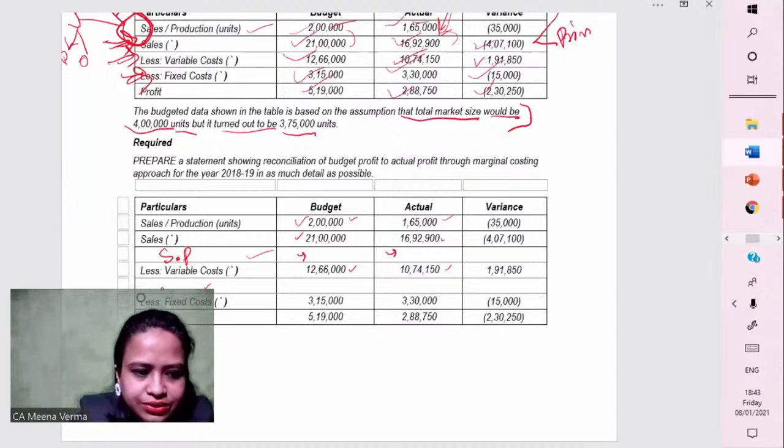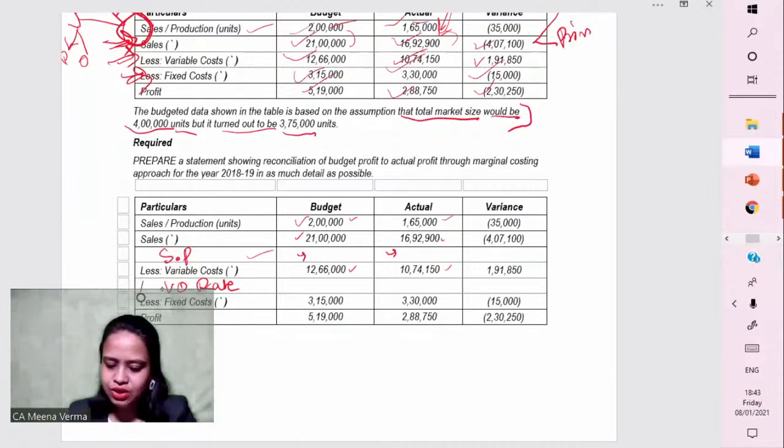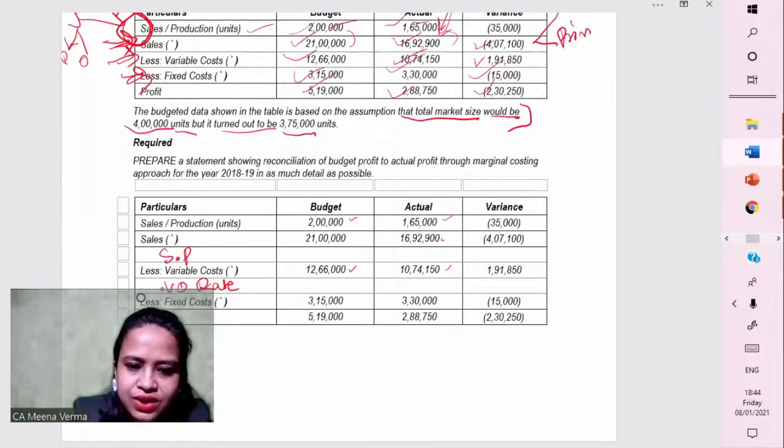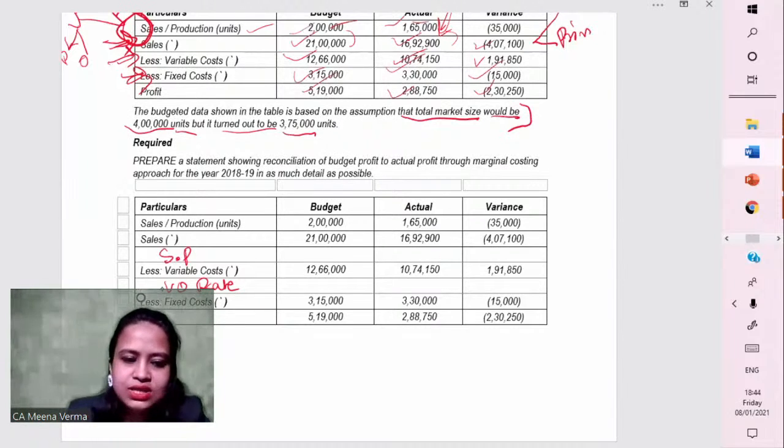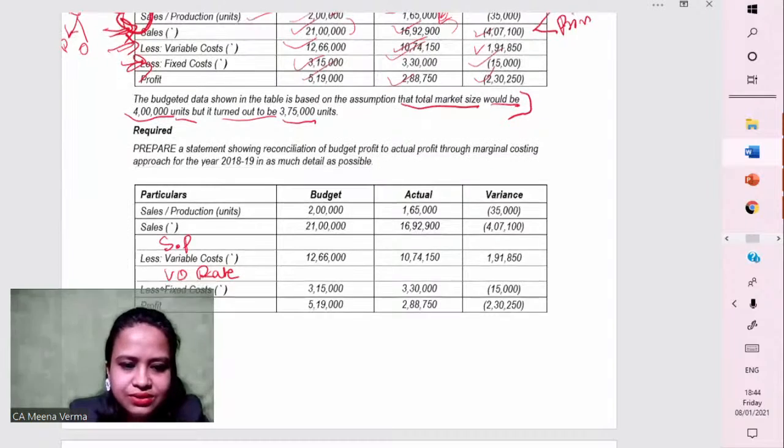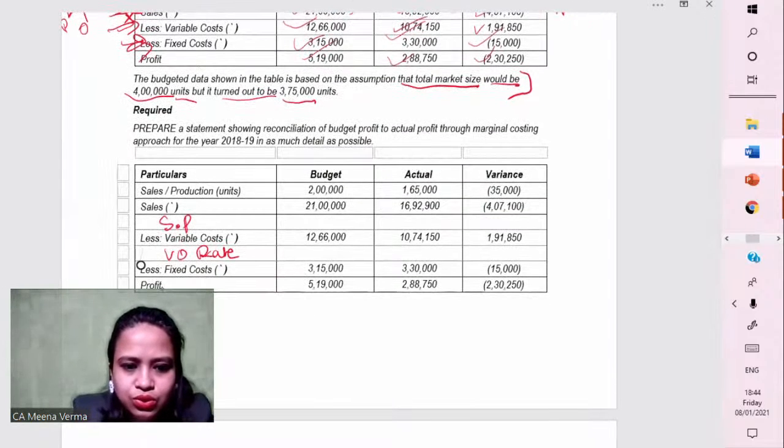So I'll find it. Variable overhead rate, I want to find it. Okay, I want these two pieces of information in order to find the sale price variance, the variable cost variance and fixed cost variance, these three things. Okay, so dividing these values, what will I get?